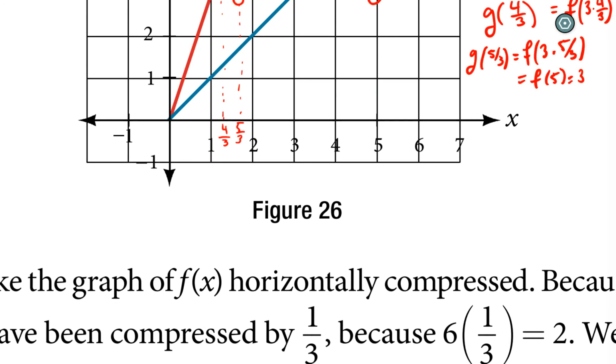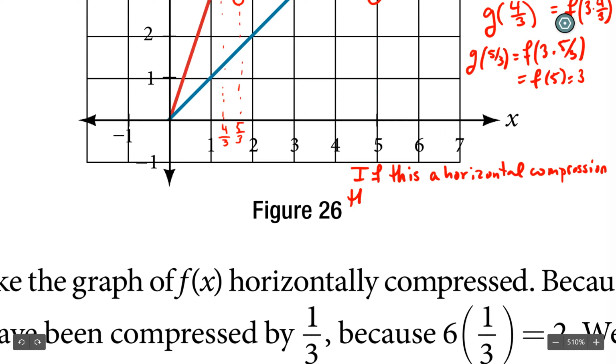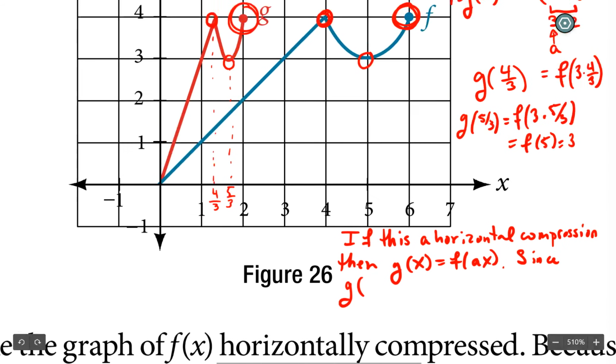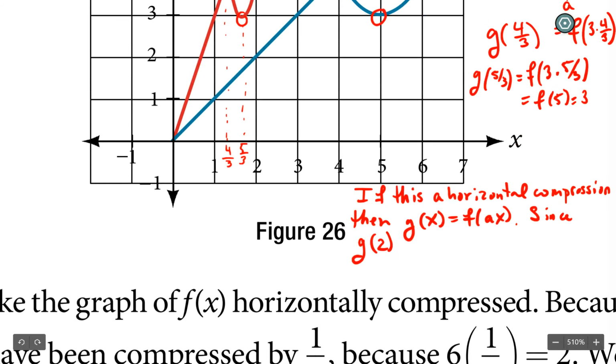So this is what I would write. This is a horizontal compression, then g of x is f of ax. g of 2 equals f of 3 times 2, which is f of 6.